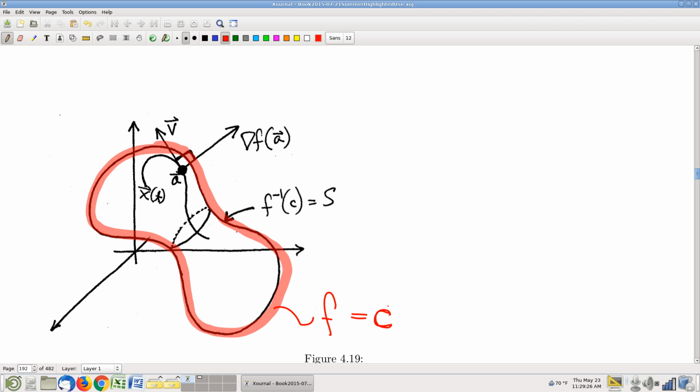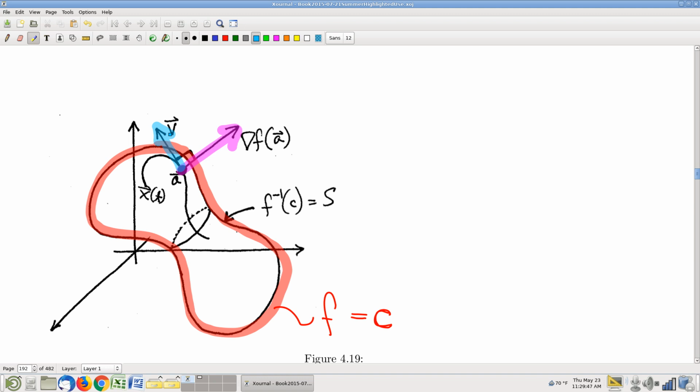So here's the strategy. If I want to show that the gradient is perpendicular to this surface, I'm going to say, well, let's suppose we have some tangent vector to the surface. I'll do this in blue. Suppose I have some tangent vector.